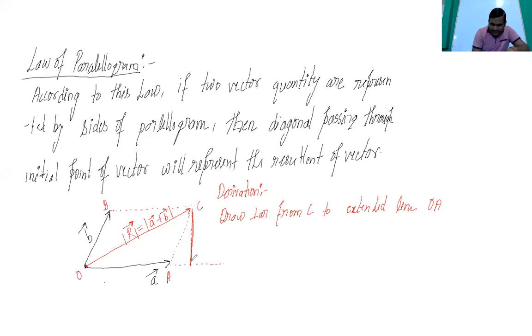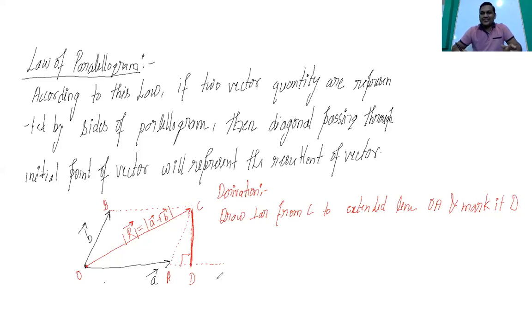You can see this is basically the perpendicular. Draw the perpendicular from C to the extended line OA and mark it D. So what we can see is that ODC is a right angle triangle.